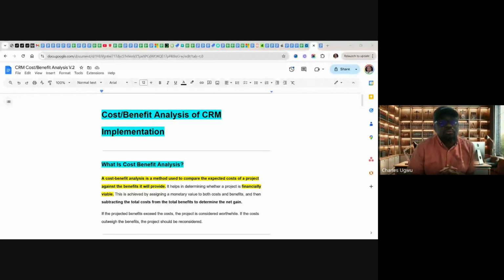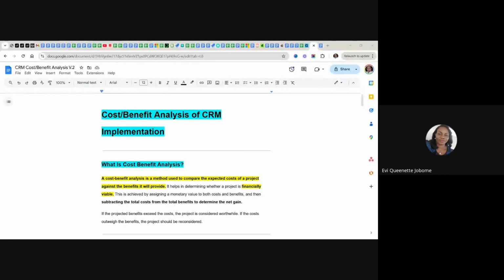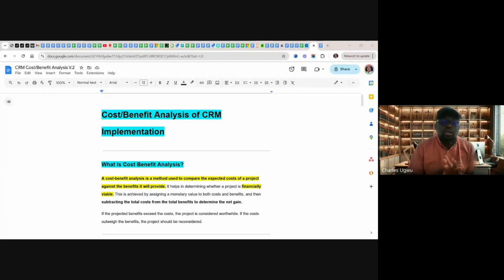Okay, so I can now get what I was thinking. Thank you. Payback period is when you invest and the amount of time it takes you to recover your investment.